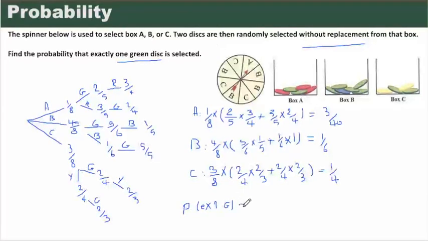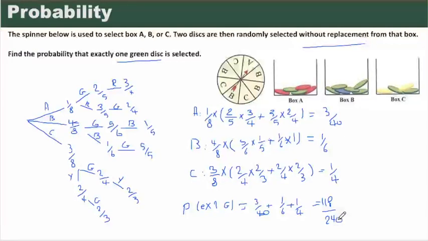The probability of exactly one green would be 3 over 40 plus 1 over 6 plus 1 over 4, which gives me 118 over 240.